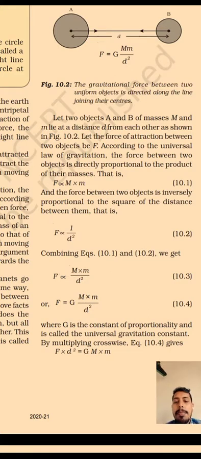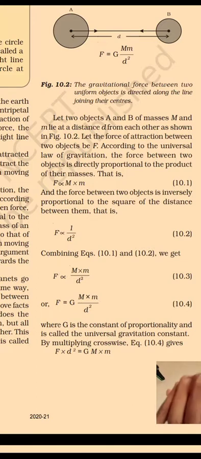Then that proportionality sign we change to an equation. Then F is equal to G into M m divided by d square. G is a constant, called the proportionality constant. In gravitation, it is called the universal gravitational constant.